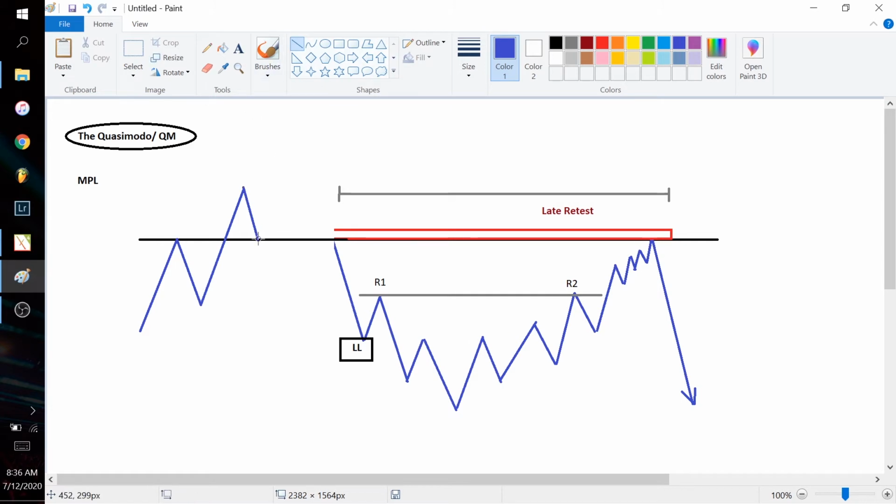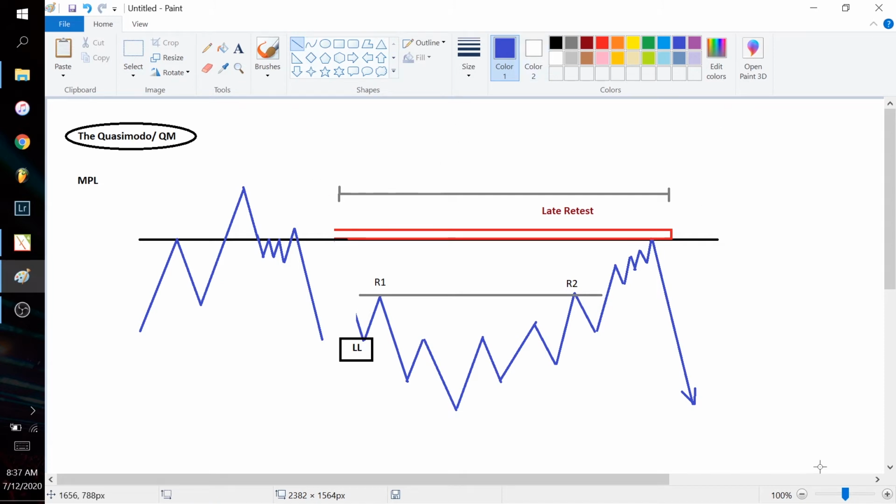What I want to see is that maybe you have a drop or break below this level, and then after that you have a short rejection. Perhaps you form a double top or something like that, and after that you have a little break below and we come back up above this level. So once we come back up, we have a significant drop. Okay, so this is the MPL.